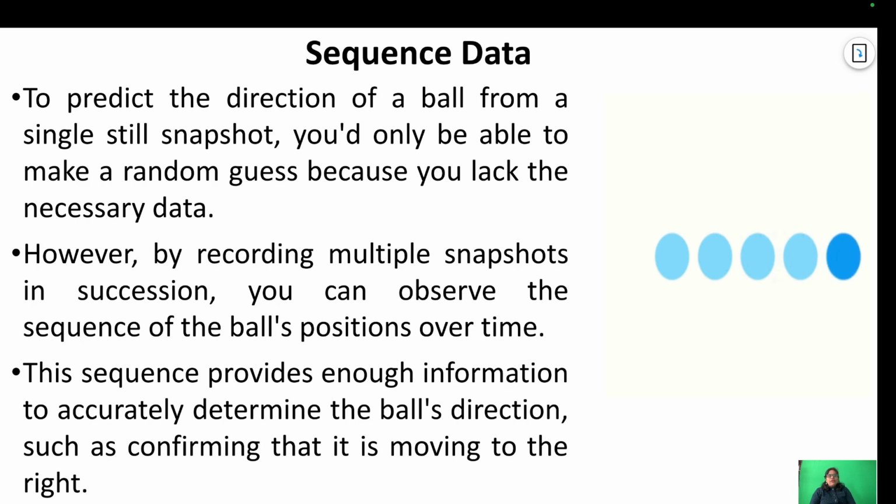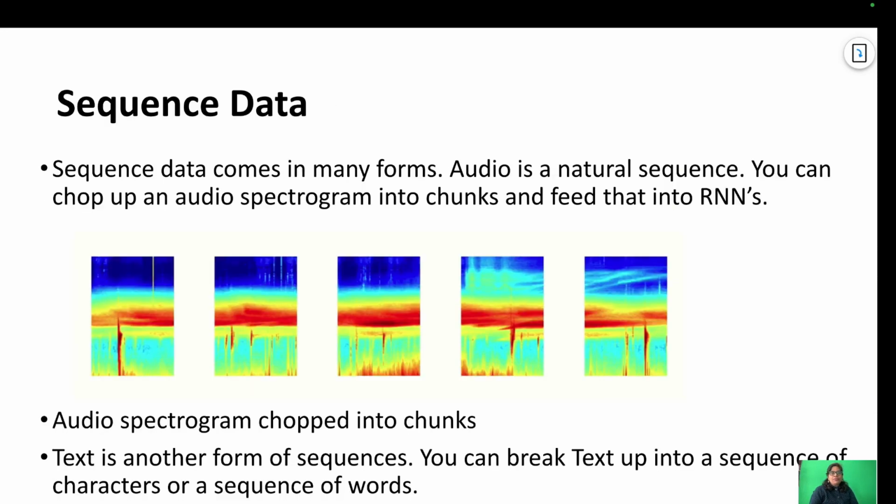However, by recording multiple snapshots in succession, you can observe the sequence of the ball's position over time. As time moves from one time step to the next, we need to observe the movement of the ball. This sequence provides enough information to accurately determine the ball's direction, such as confirming that it is moving to the right.